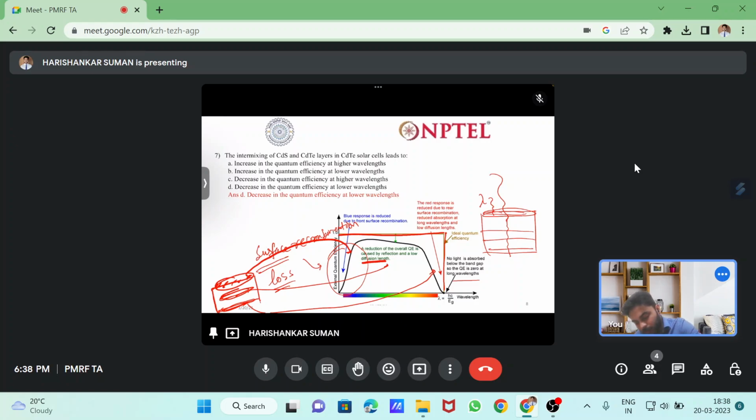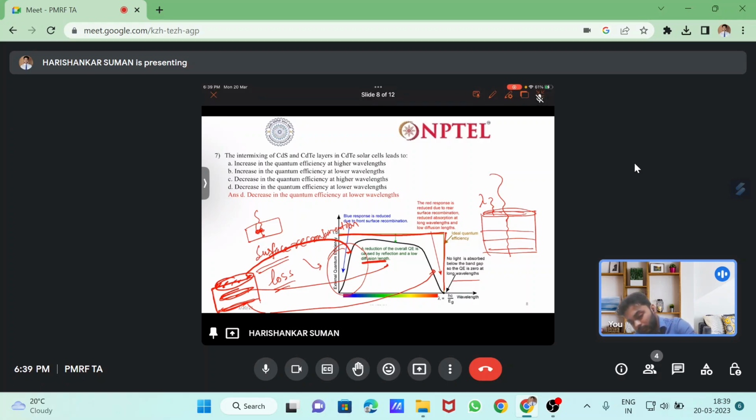Okay, so an incident photon absorbed by the material produces electron hole pairs, and the electron hole pairs go to the respective electrodes. If the number is unity with respect to the photon, then quantum efficiency will be 100%.